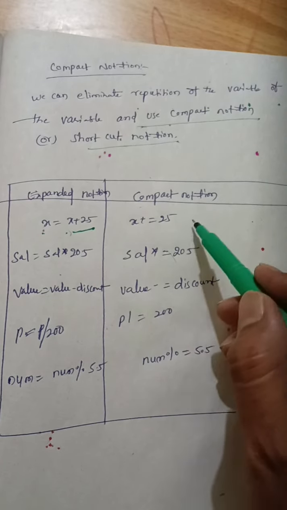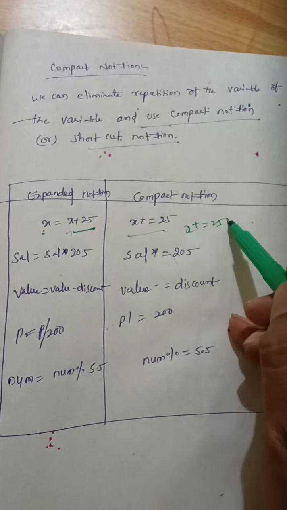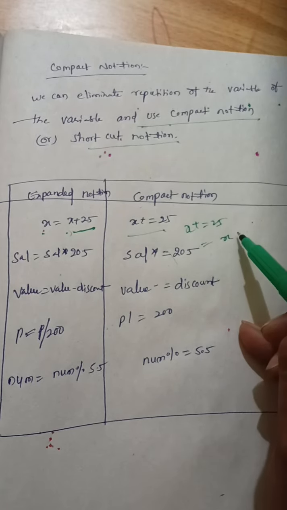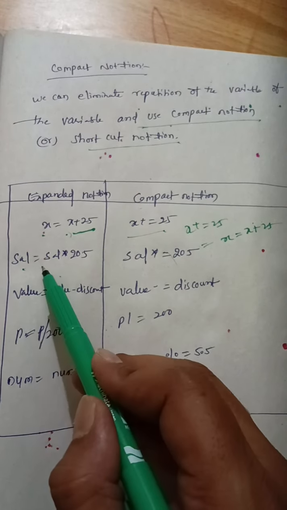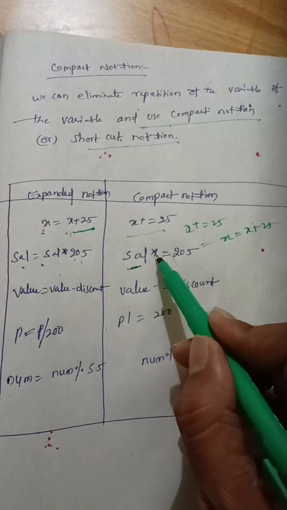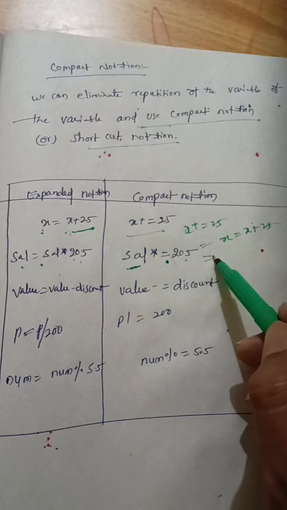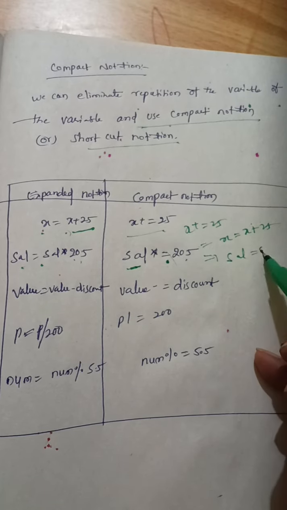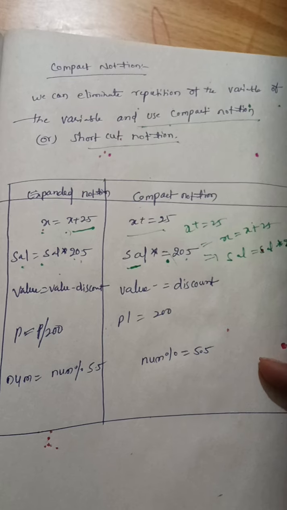How to write it? x equal to x plus 25. Now sal equal to sal into 25. How to write the compact notation? Sal, the multiplication operator with the assignment operator, 25.